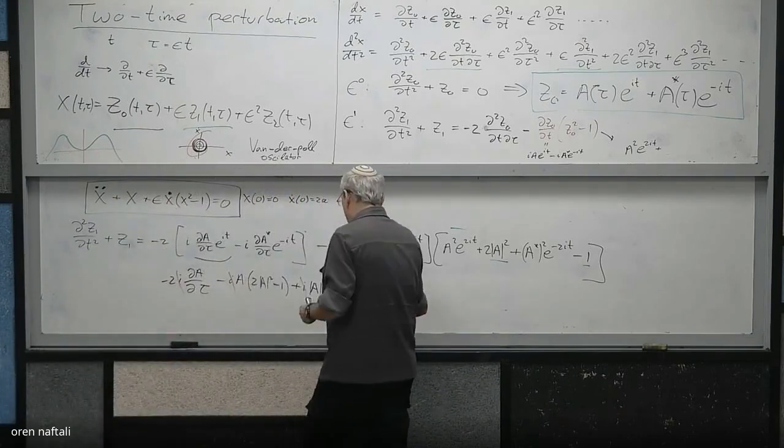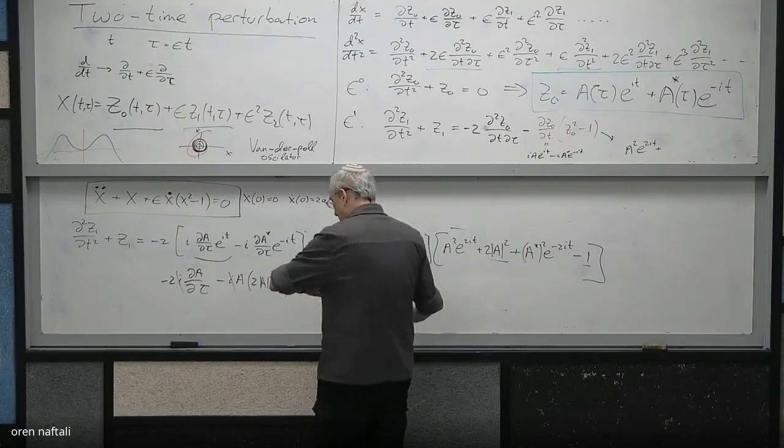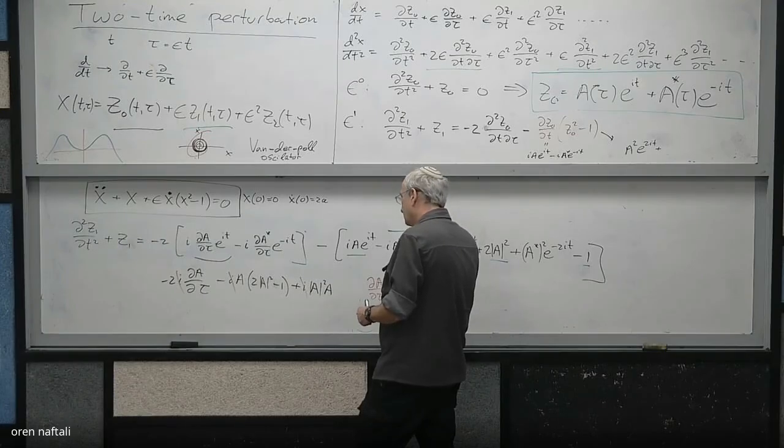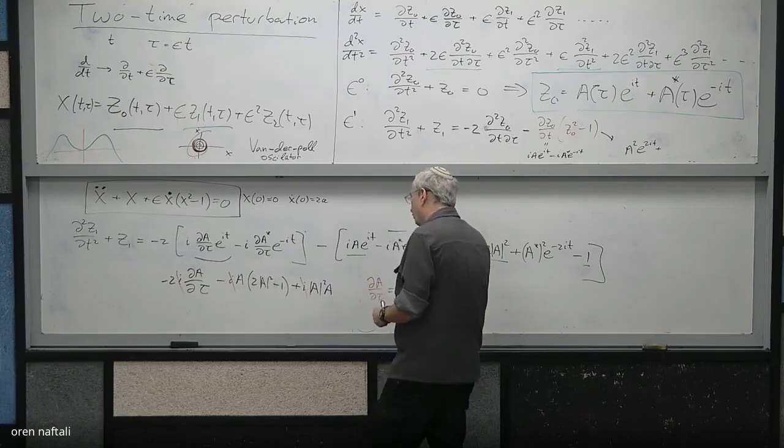And what I have is A dot tau is equal to 1/2 times (A minus |A|^2 A)... wait, shouldn't it be minus 1/2? I hope.